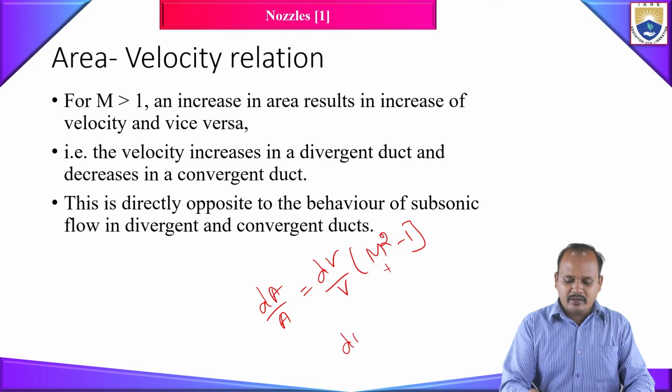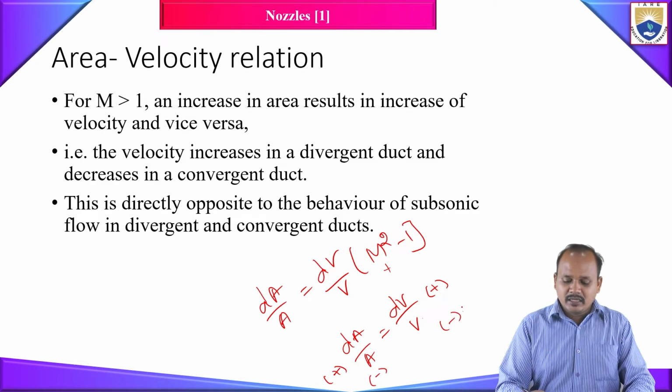So you are getting dA by A is equal to dV by V. That is, for a positive change in area, your change in velocity will be positive. For a negative change in area, your change in velocity will be negative. That is, in a sense, the area increases means your velocity will increase. Area decreases means your velocity will decrease.